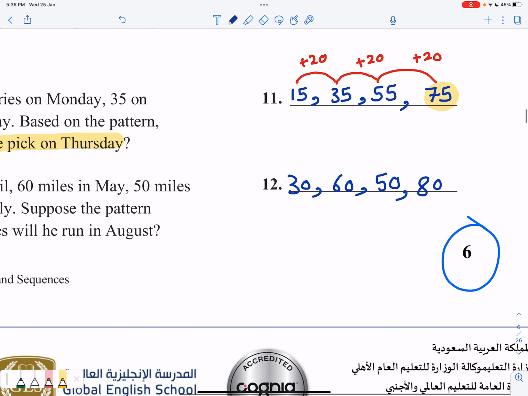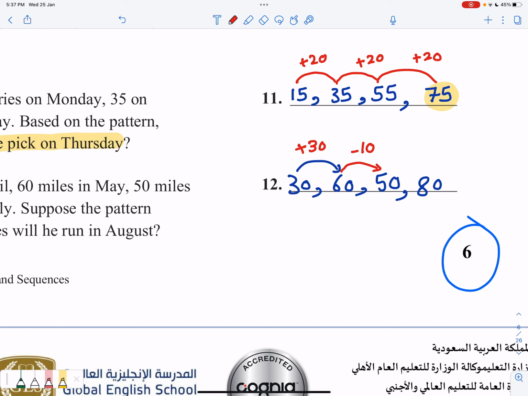So from the 30 to the 60 here, we added how much? We added 30, of course, to get the 60. Then from the 60 to the 50, we will what? We need to subtract 10 to get from 60 to 50.